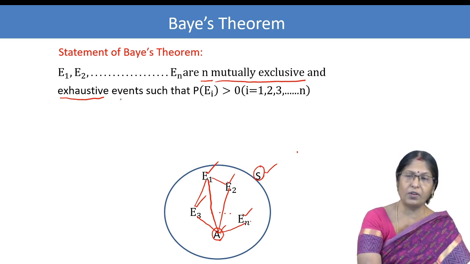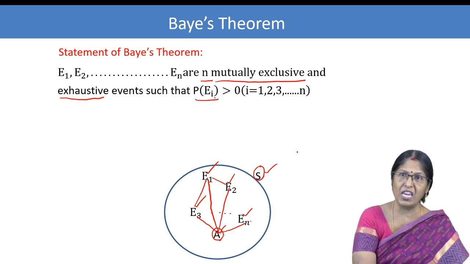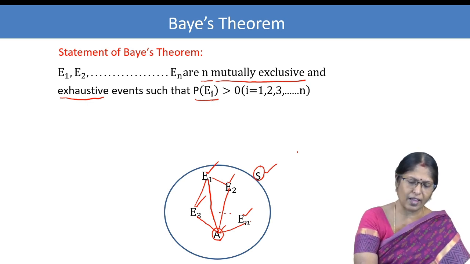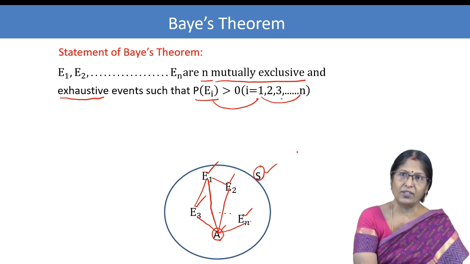And P of Ei is nothing but the probability of Ei, where i takes the values from 1 up to n.